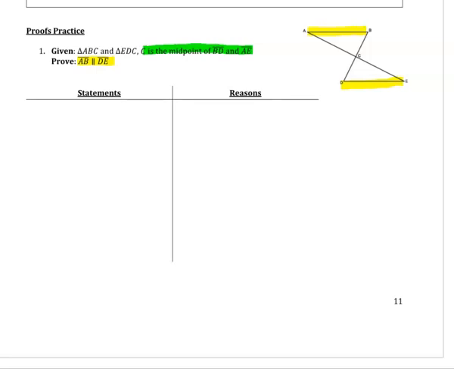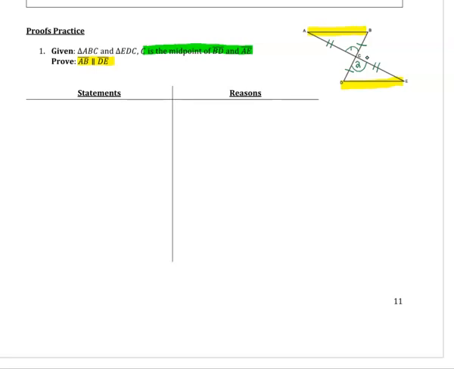Now, if I have these two triangles, and I know C is the midpoint of both BD and AE, that means that a midpoint divides a segment into two congruent segments. So I can mark a couple pairs of congruent segments in this image. Additionally, if I call these angles 1 and 2, I'm seeing vertical angles congruent.